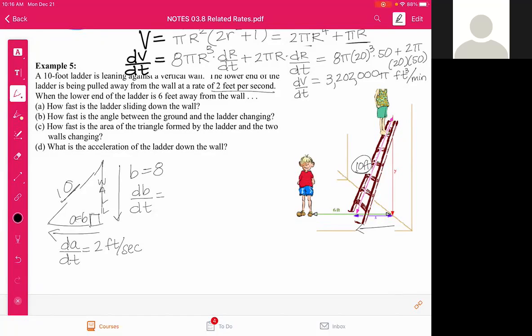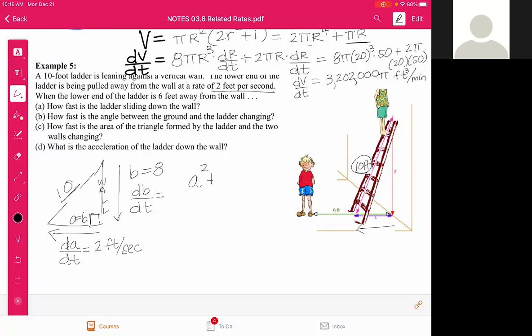So we need an equation that relates those 3 sides of that right triangle. The only thing we've got to work with is the Pythagorean theorem. You're not going to do trigonometry with this because they don't talk about any angles. Remember, the only time you use trig is when they talk about an angle. So we're going to do the Pythagorean theorem.